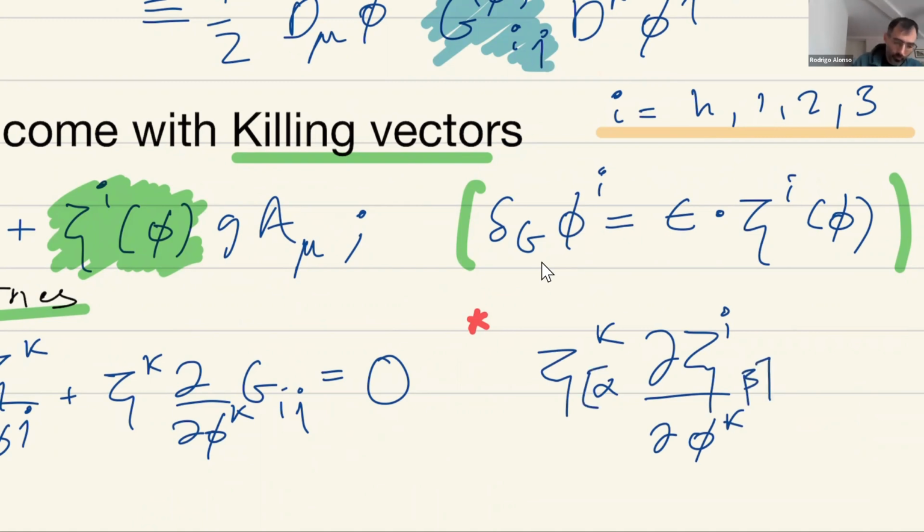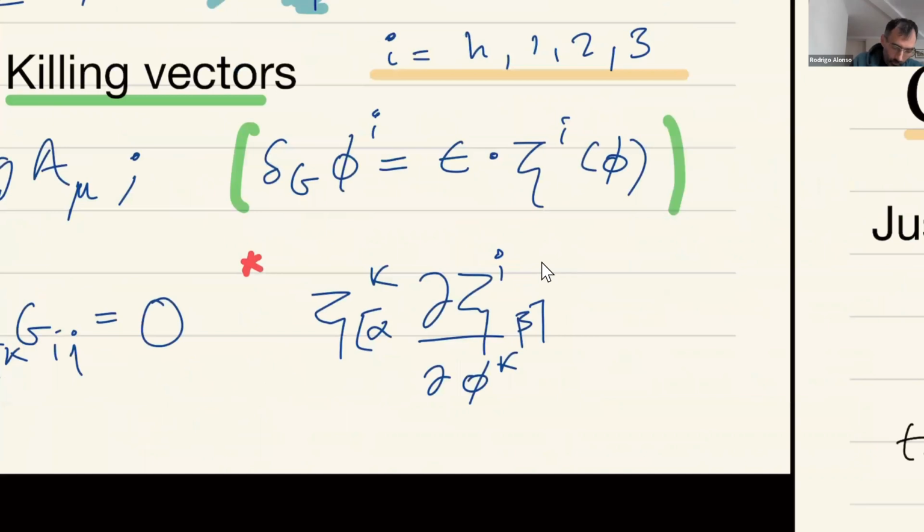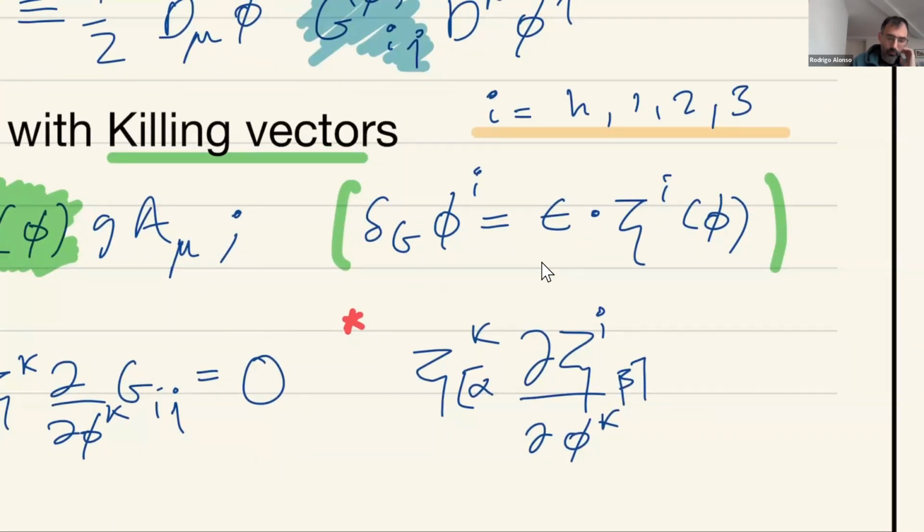This square bracket means anti-symmetric, so alpha beta minus beta alpha. This is again the structure constants for alpha and beta generators, contracted with again Killing vector gamma.